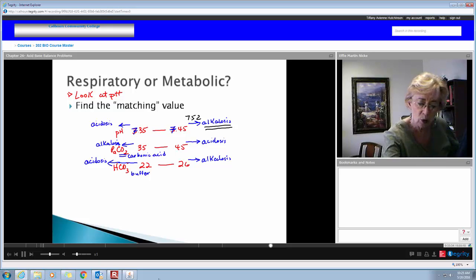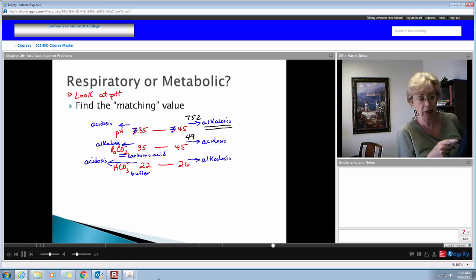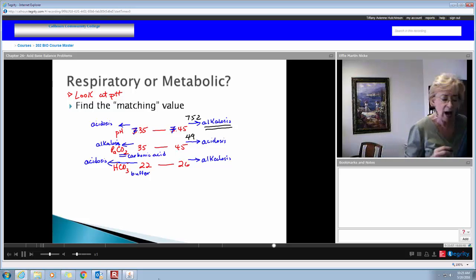So let's look at what her other two values are. Her PaCO2 is 49. So again, write it on your chart, 49. The pH indicates she's going into alkalosis. The PaCO2 indicates what? She's into acidosis. Oh my, what do we do with that? That's out that way. So let's look at the bicarbonate. The bicarbonate is 40.